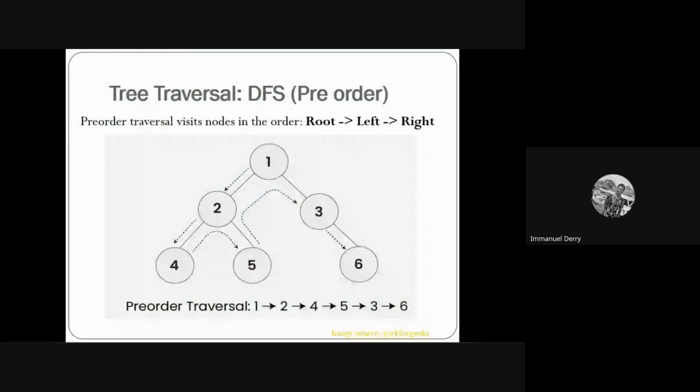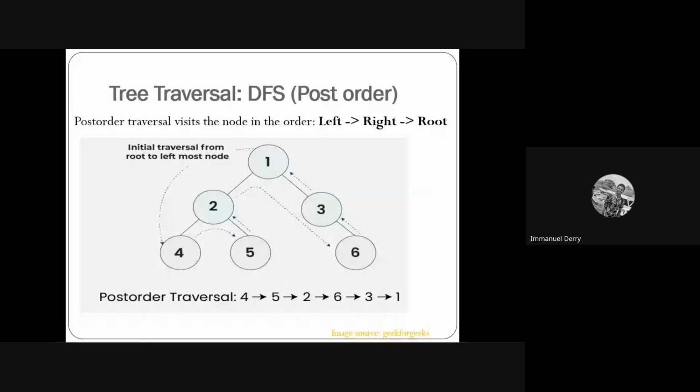Now let's move on to the post-order. The post-order is left, right, and then root. You have to notice that whichever value starts, its element is going to be first. So this element is going to be first before we move to right, then we go to their roots in that particular order.